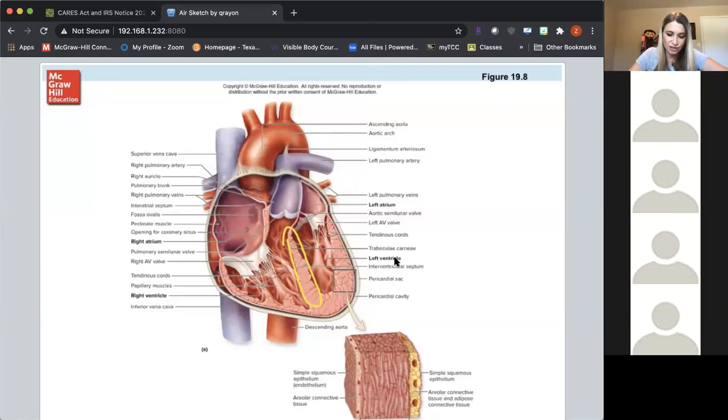There's also interatrial septum. It is not really well visible here because we actually don't see where the atria are leaning against each other, and that's so that we can see the vessels here, the pulmonary trunk and the aorta behind it. So you don't see it there, but there is interatrial septum as well. It's actually this wall right here.